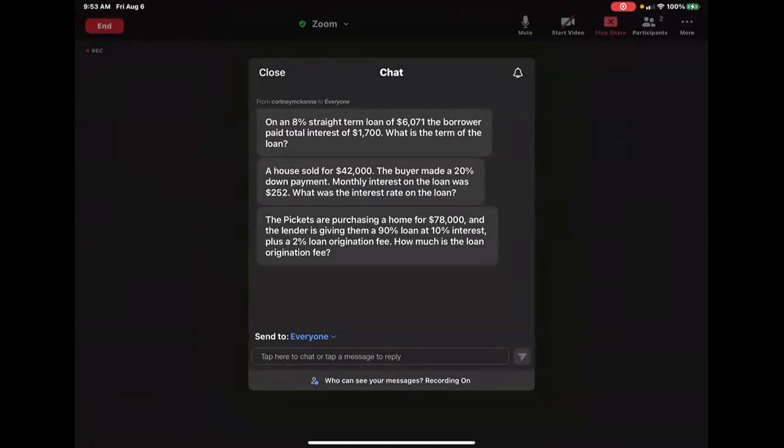Okay, so the Picketts are purchasing a home for $78,000. The lender is giving them a 90% loan, 90% LTV, at 10% interest, and a 2% origination fee.